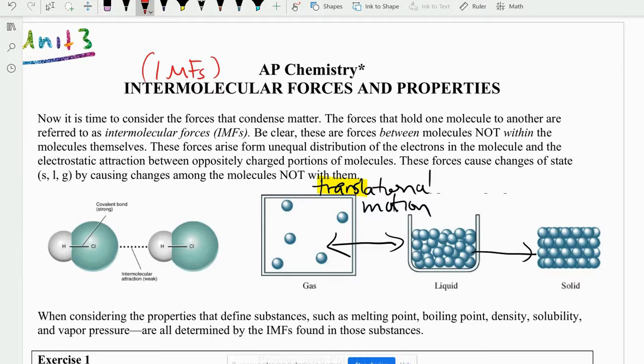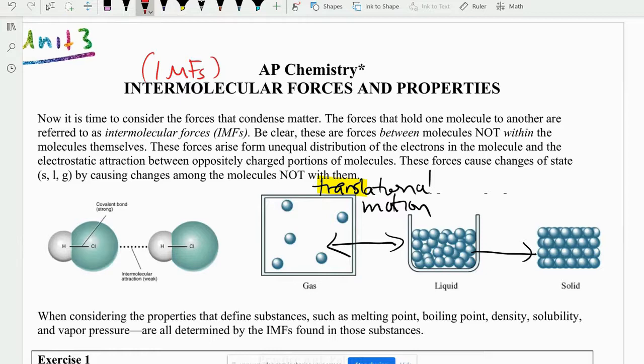These forces essentially arise, you guys, from an unequal distribution of electrons within a molecule. So in other words, electronegativity and polarity are going to come back up again, all right? So we're going to talk about how these forces between molecules arise.